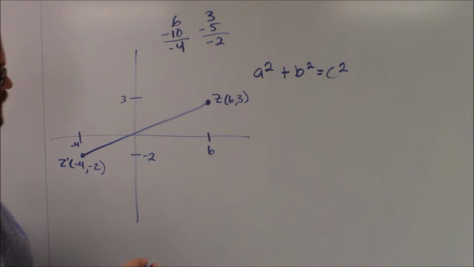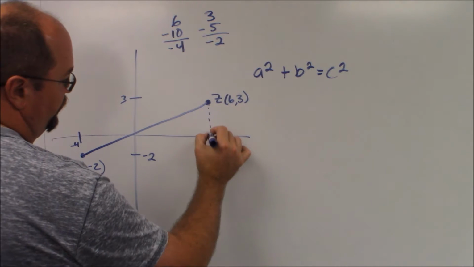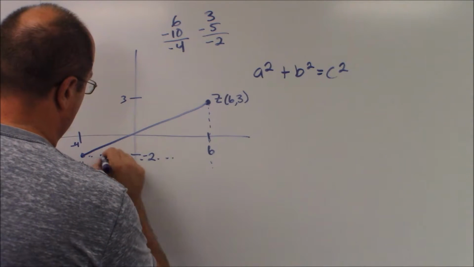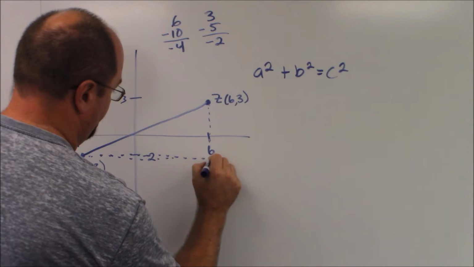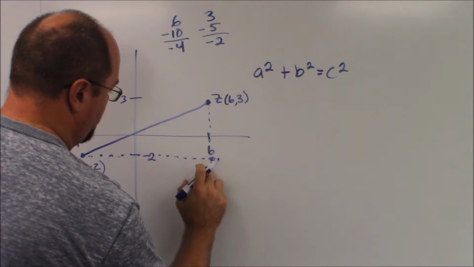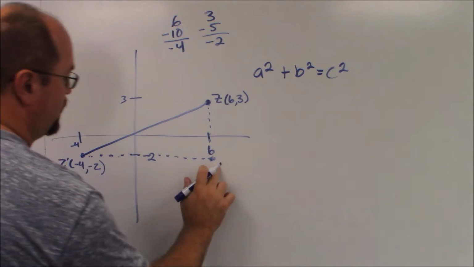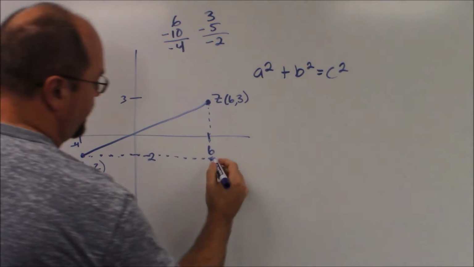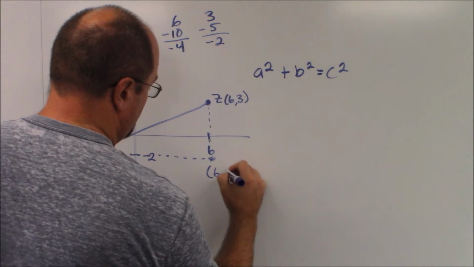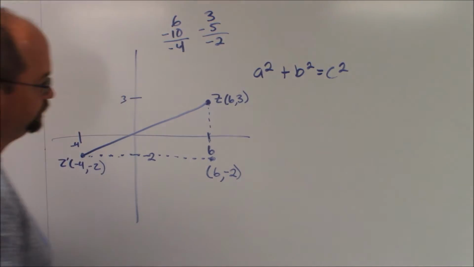And so what we're going to do once again is create a right triangle. Actually, I want that to pass through the -2. And so this point right here is going to be 6, -2.